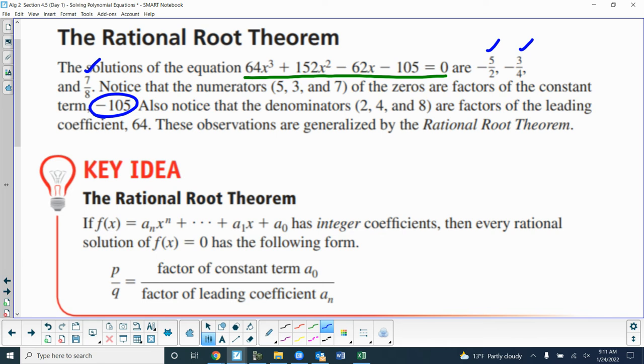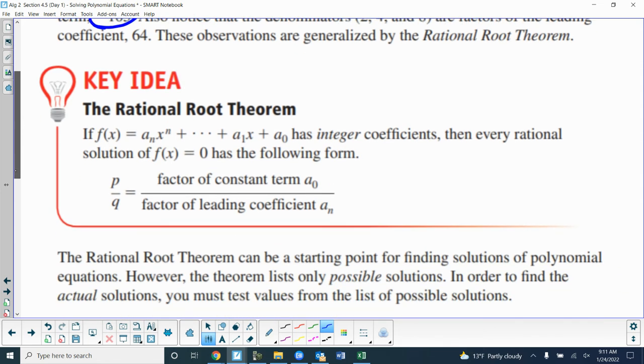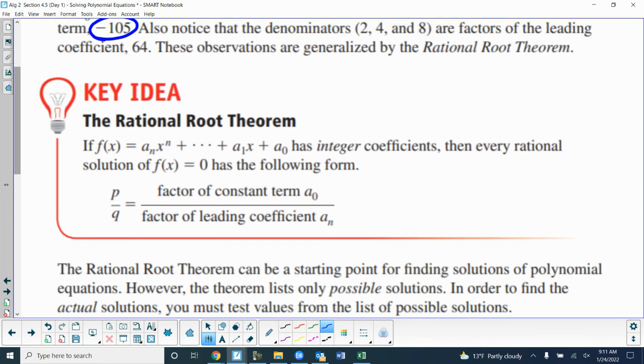So it says these observations are generalized by the rational root theorem. Okay? So you can write those factors as fractions, p over q.